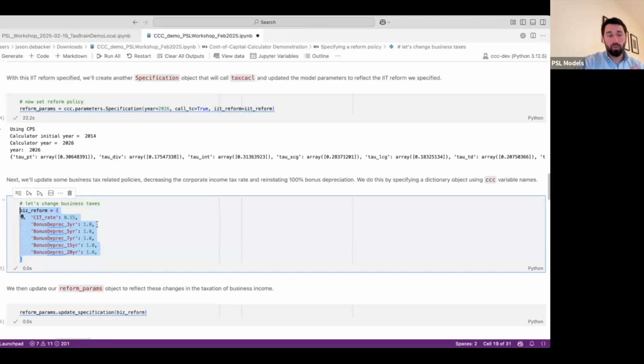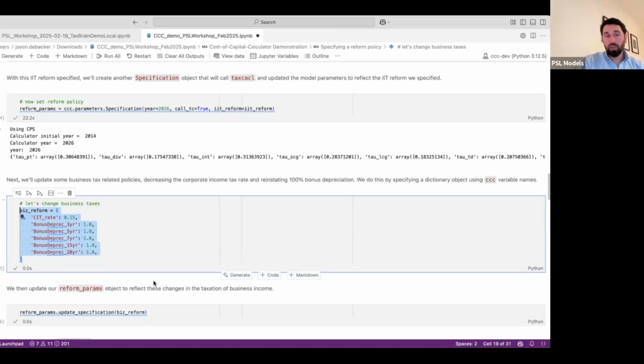And then feel free to be flexible, update bonus depreciation, update assumptions about inflation, update rates, treatment of inventories, first in, first out versus LIFO, et cetera. All of those are parameters that can be adjusted in this model. It's just a matter of, again, knowing the corresponding variable name and then setting it up in a dictionary like this to look at changes in those parameters.